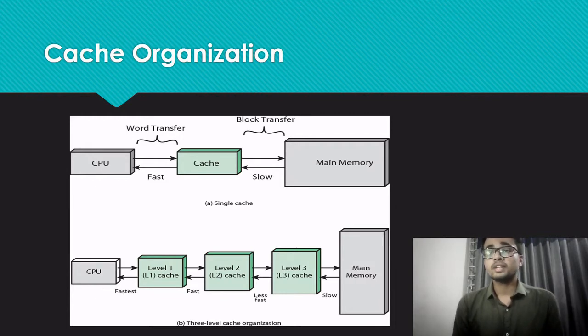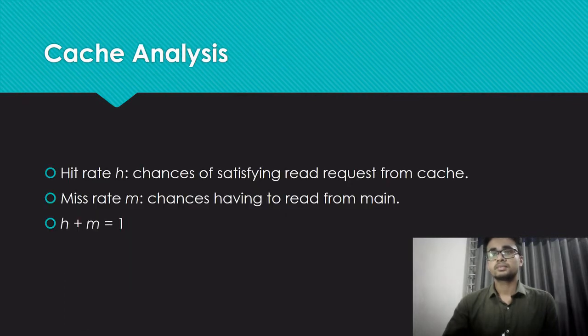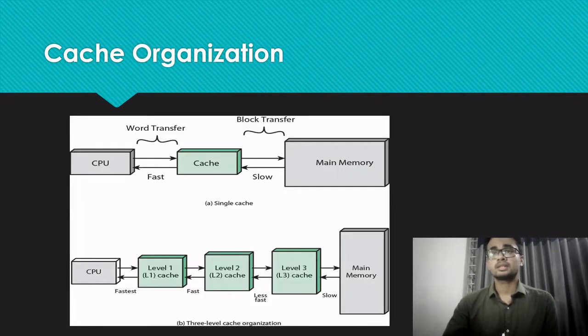And in three level cache organization, there is level 1, level 2, and level 3 cache memory between CPU and main memory. Okay, it is slower than the single cache, but it is bigger than single cache.